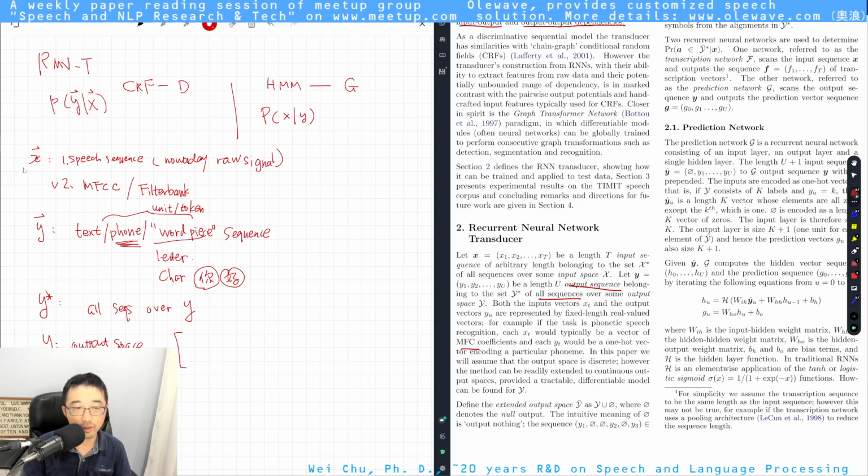Suppose you have 39 phones, going from A and T, AY, and Z. 39 phones, not letters. Usually English has 39 phones. But the y bar is y union with the blank signal, or the null signal.